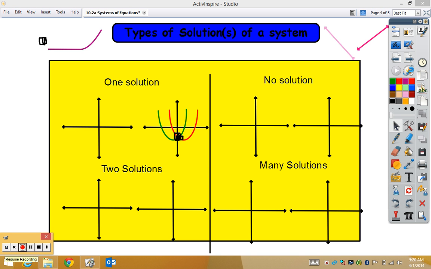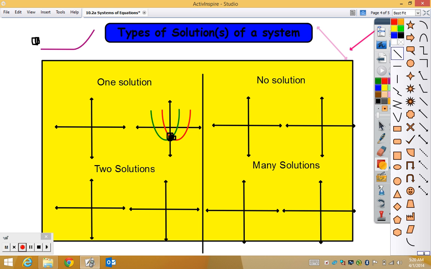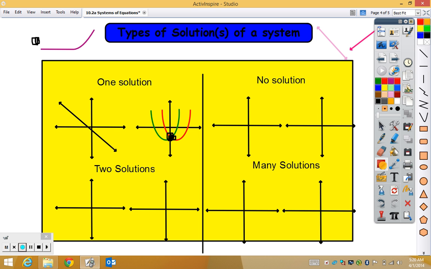Alright, so a better example for the first one, let me draw a couple other lines. So you might have a line like that, and you may have a line like that. Alright. So when we have no solution, which means they do not intersect, that could be a situation like the following.